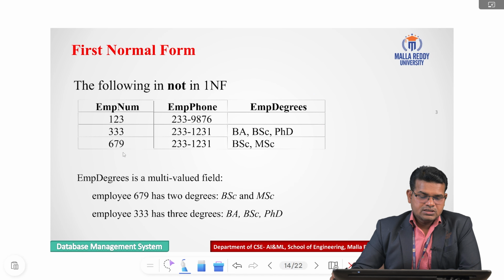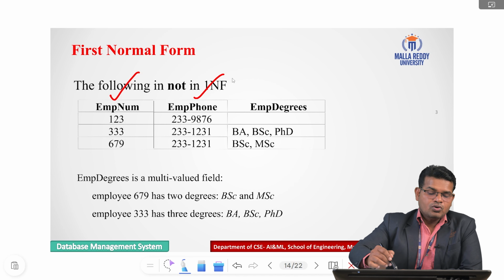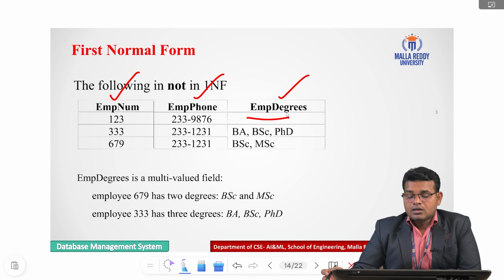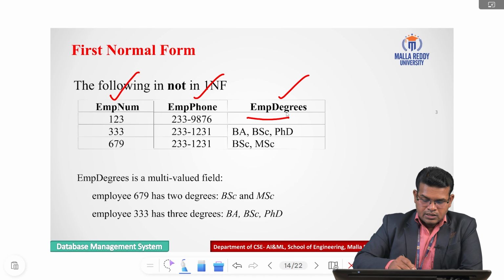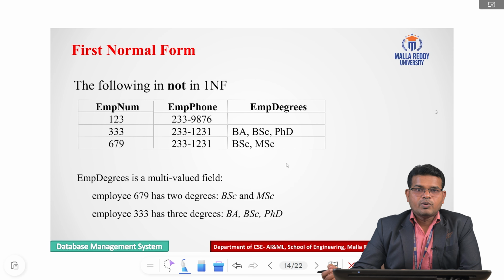Let's see, for example, we have an employee table here. So, employee number, employee phone and employee degree we are giving. Of course, we have an empty cell where the values are not provided, even though we can use this example for explaining first normal form.